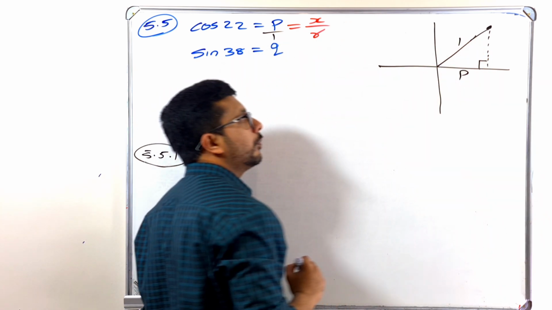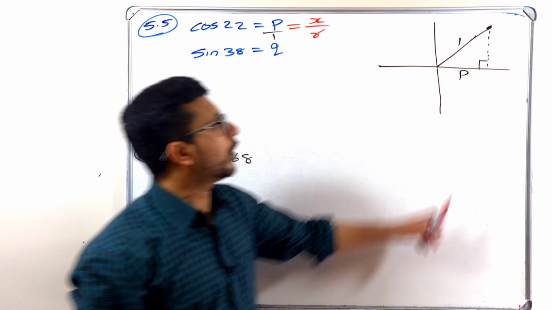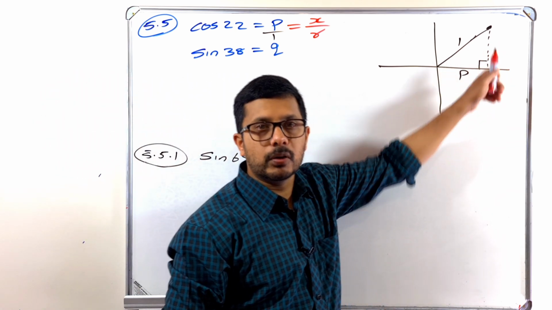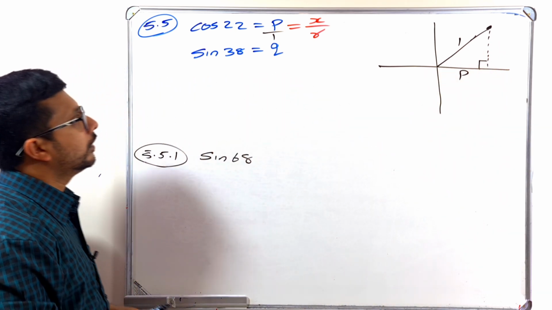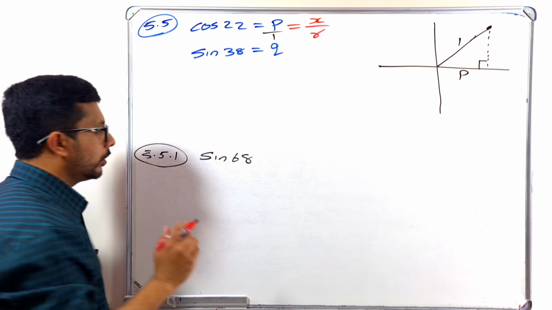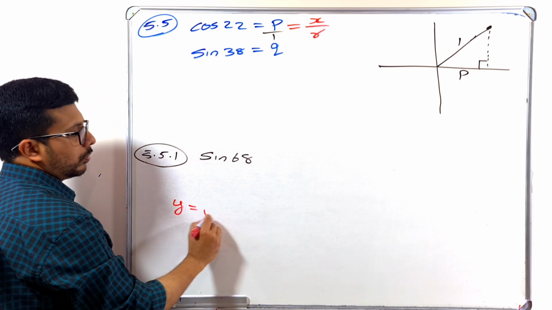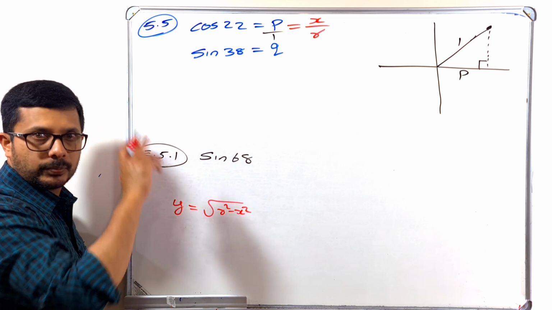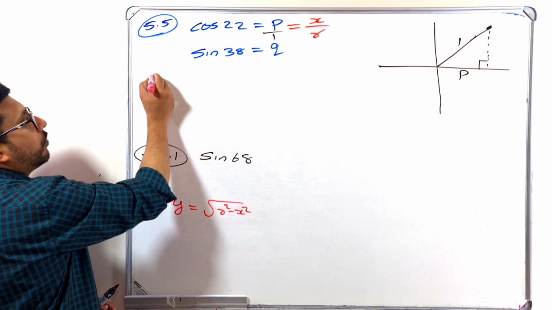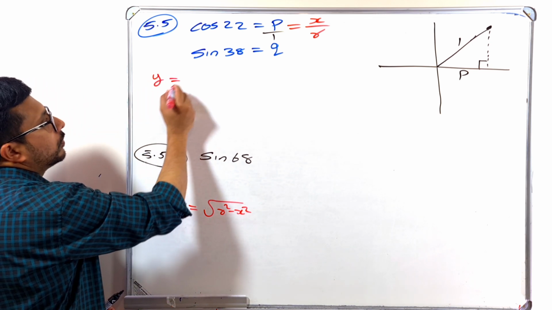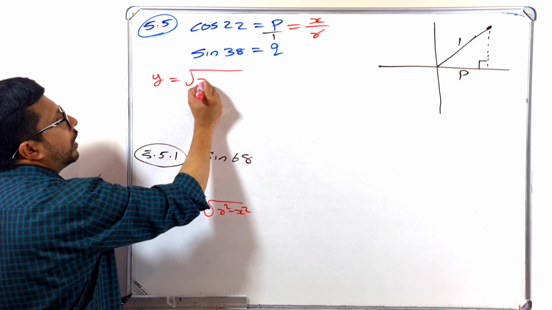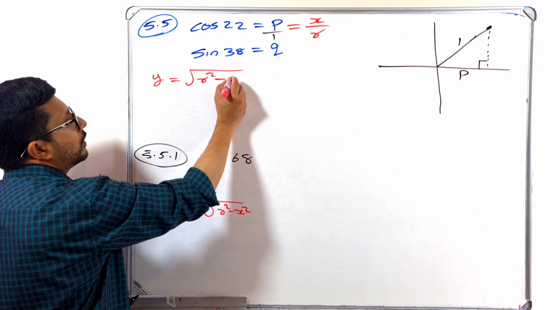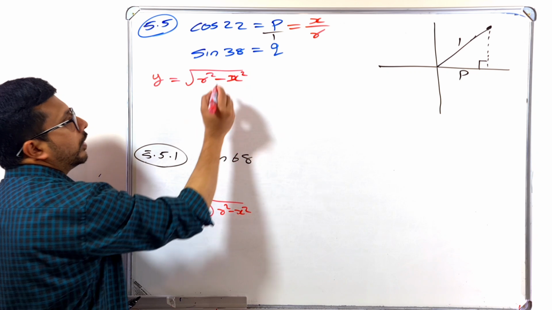R means hypotenuse. And you have to find the y value. How can you find the y value here? You already studied the equation. Do you remember? Y is equal to root of r square minus x square. Same as the first question.